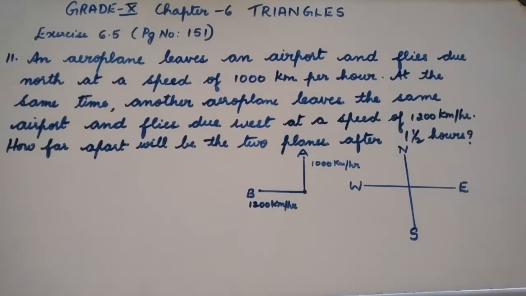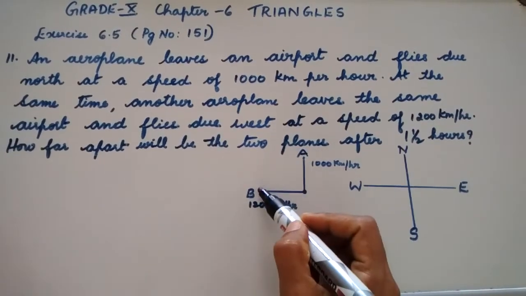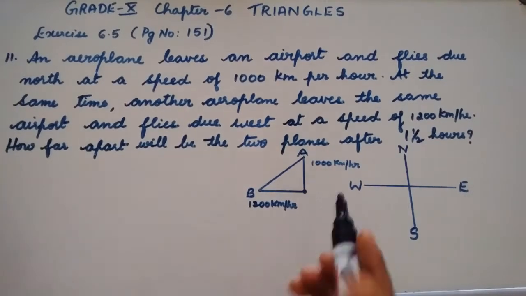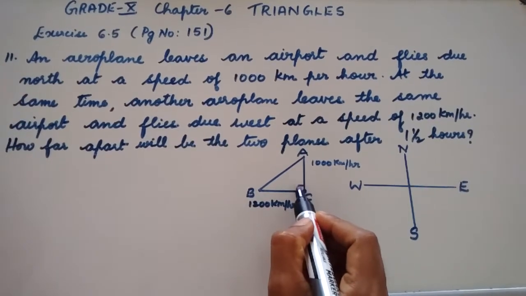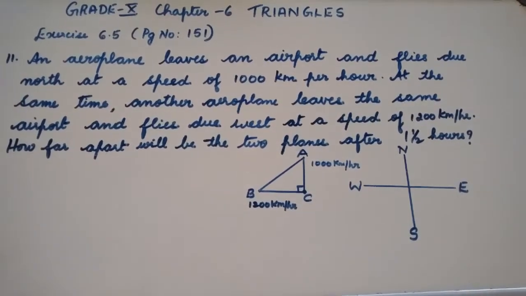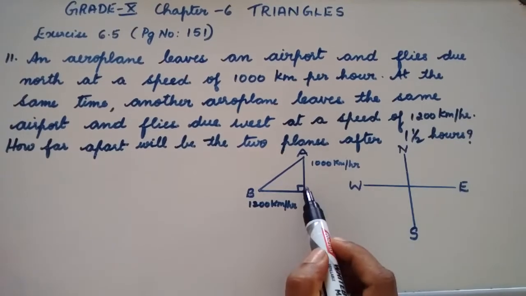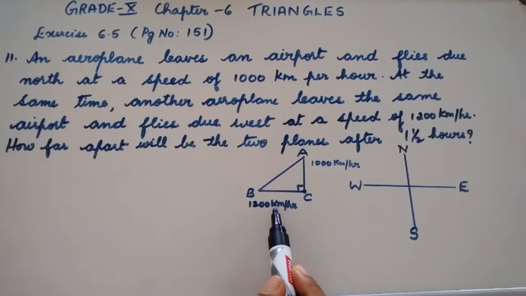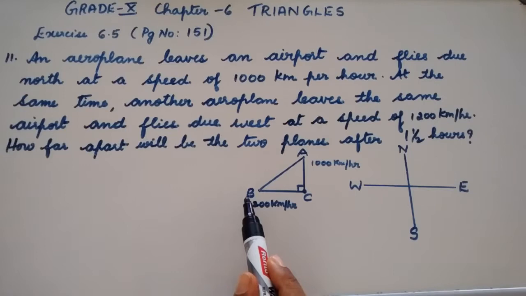That is, we need to find the distance between A and B. So let us join A and B and let us name this point as C. So this is a 90-degree angle. 1000 km per hour is the speed of the first aeroplane and 1200 km per hour is the speed of the second aeroplane.